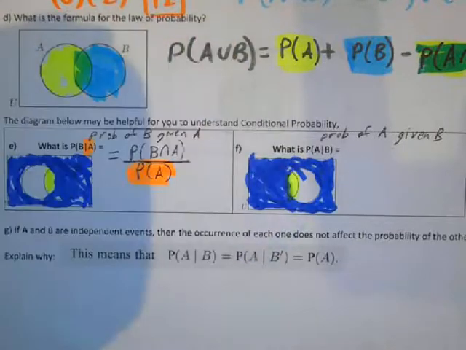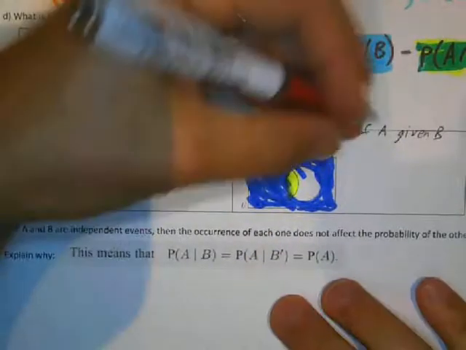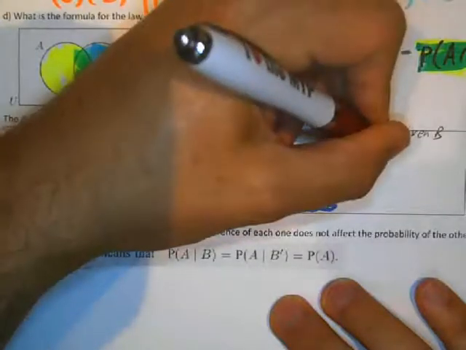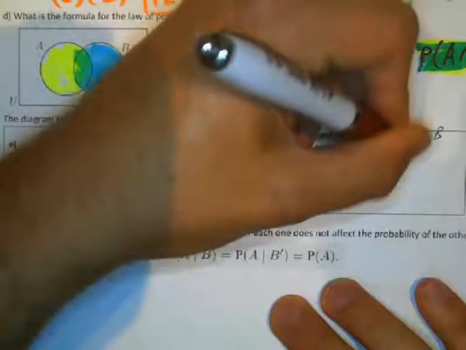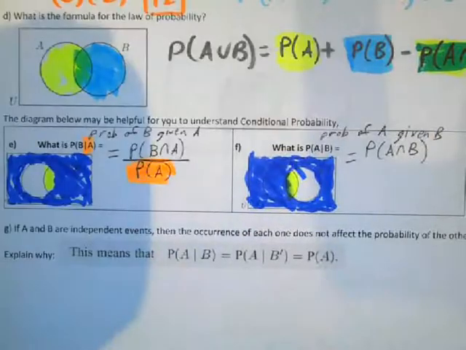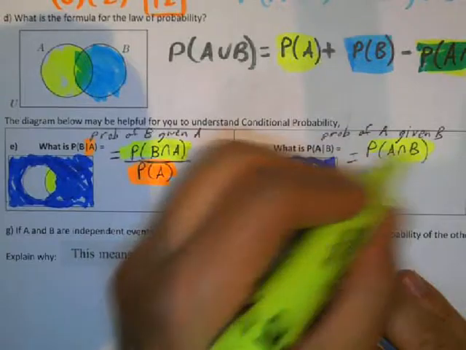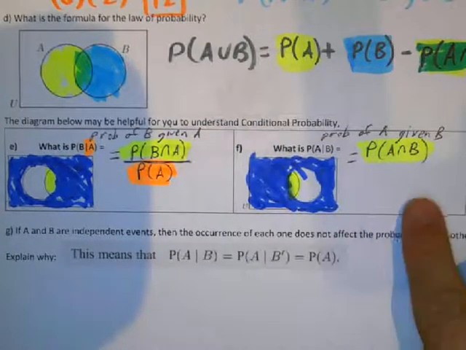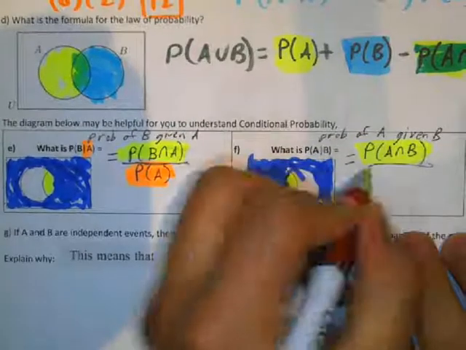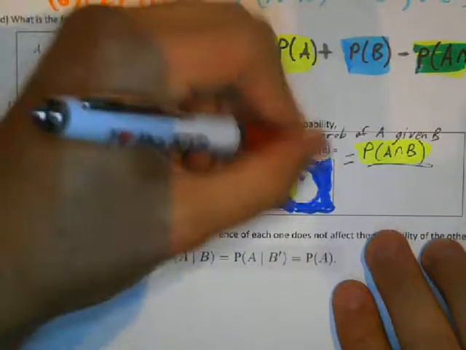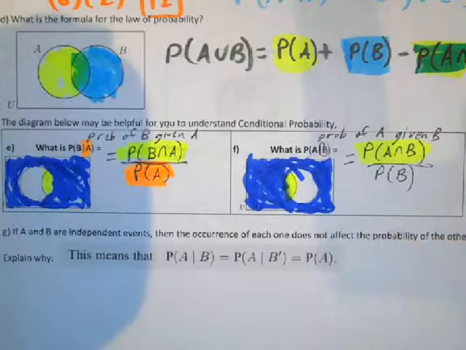So once again, my numerator is equal to the intersection of A and B, once again, right? And my denominator here is the probability of B.